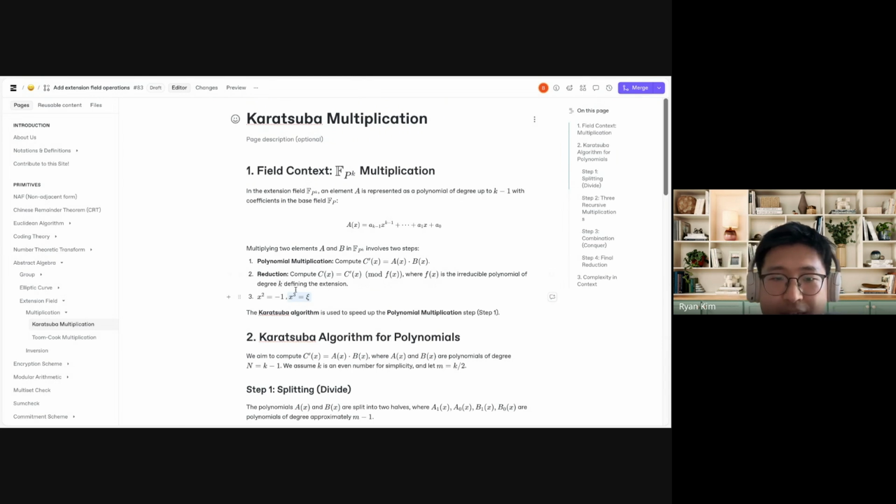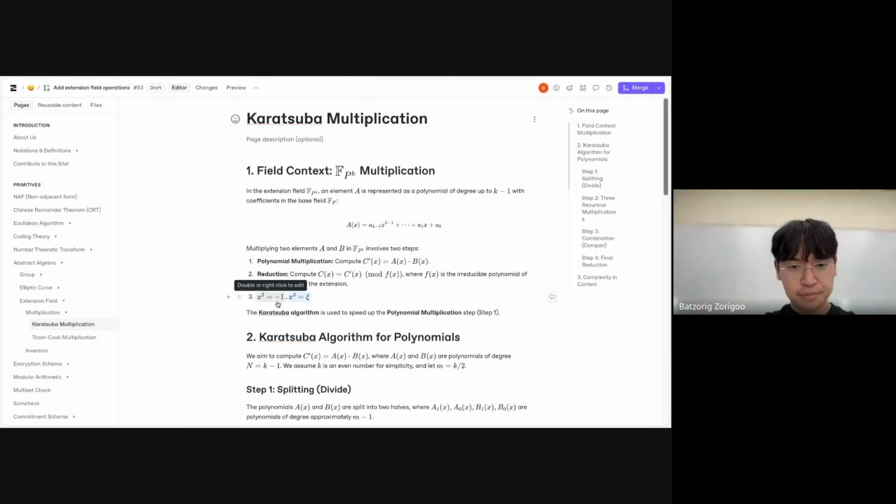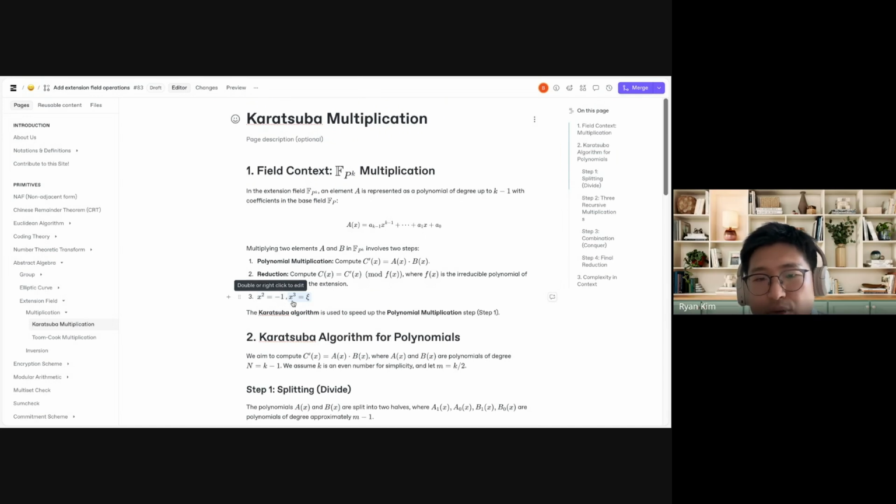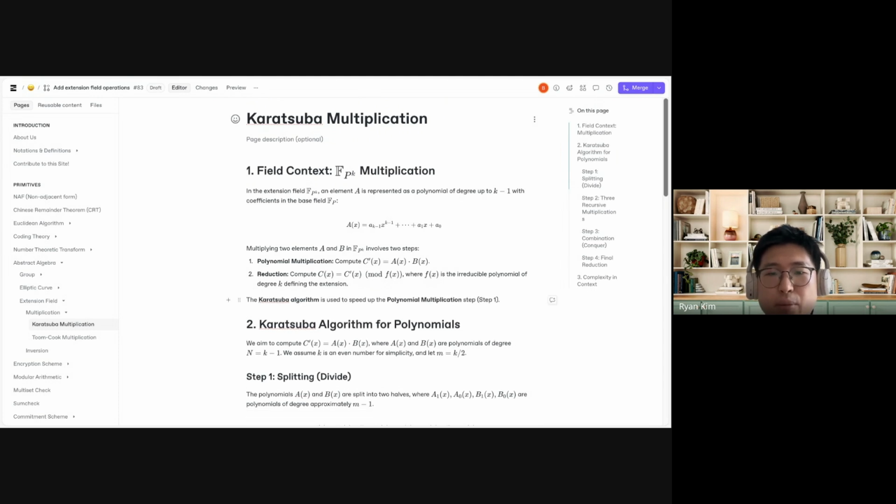You just replace x squared, or x to the 3, or x to the 4 with a non-residue constant. We call this the non-residue, minus 1 or xi or so on. So reduction is typically very simple in the context of multiplication over an extension field. What we mostly care about is how to simplify the polynomial multiplication.